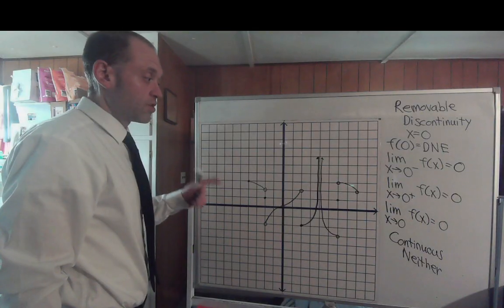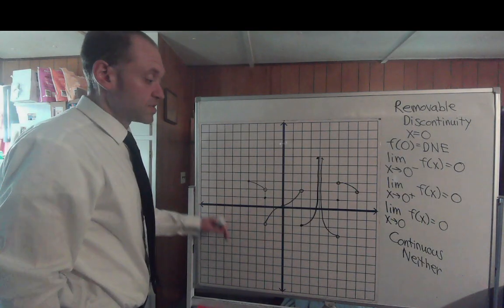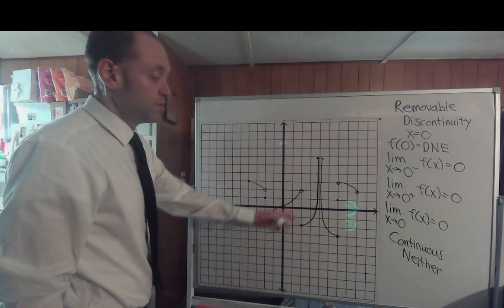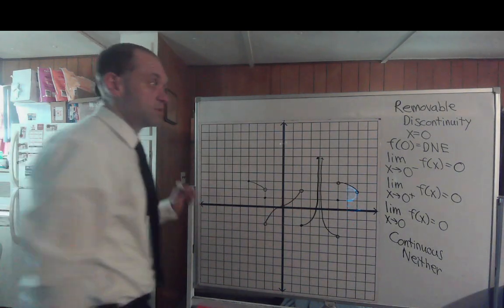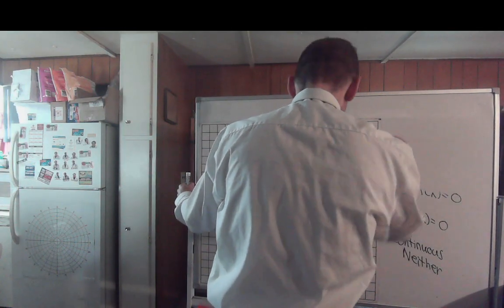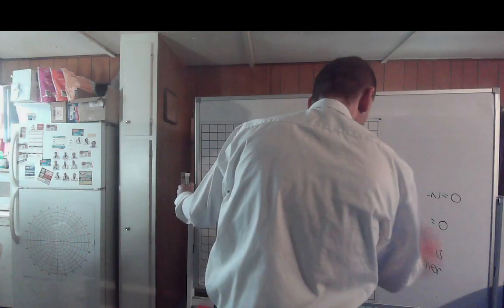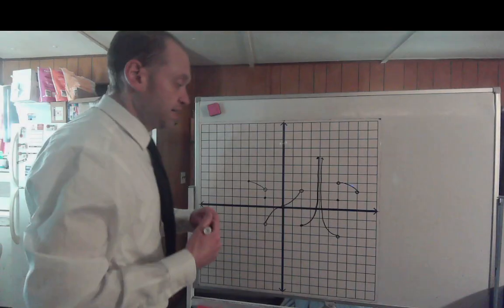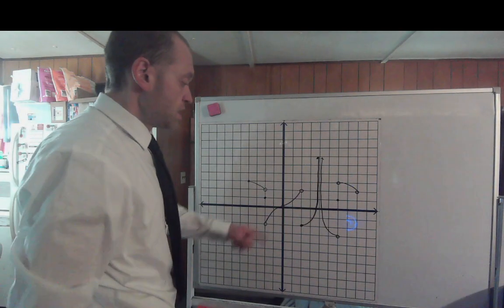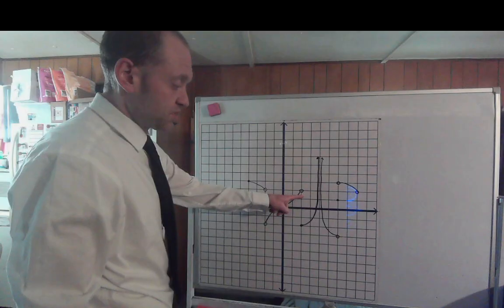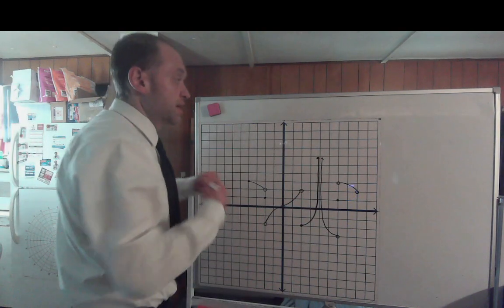If we look at our graph here, it looks like our next discontinuity is at x equals 2. So we'll go to x equals 2. And based on what we're seeing, at x equals 2, it looks like a jump discontinuity.